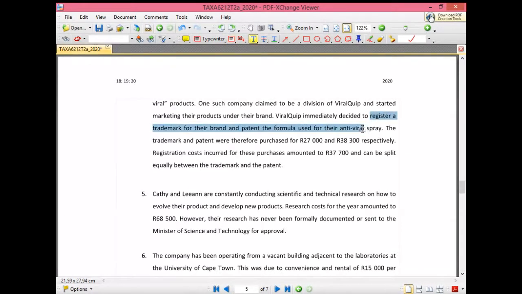So we registered a trademark for the brand and patent the formula. The trademark and patent therefore were purchased for $27,000 and $38,300 respectively. Okay, and then the registration cost for the purchases amounted to $37 and can be split equally between the trademark and the patent.